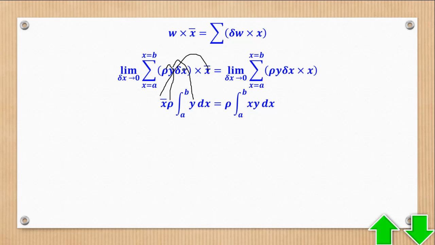Now this small change in x becomes dx. Then this one is the lower limit, this becomes the upper limit. That is for the left hand side. What about the right hand side? The same, this becomes an integral from a up to b. Now this rho is a constant, but the rest are not. So y and x are not constants, they remain here. Small change in x becomes dx.